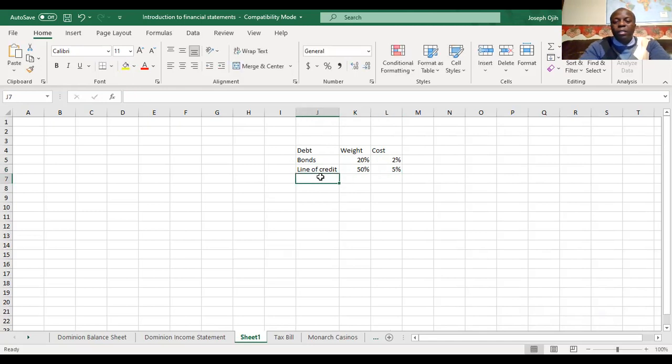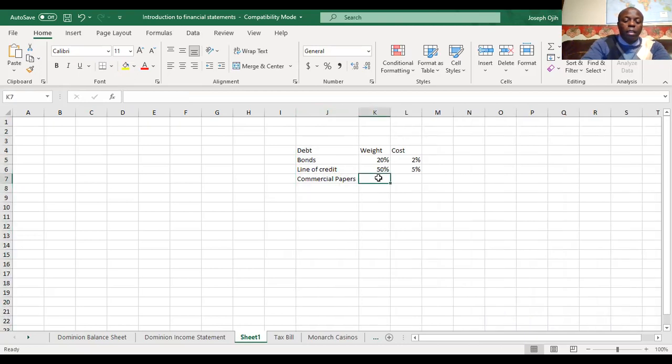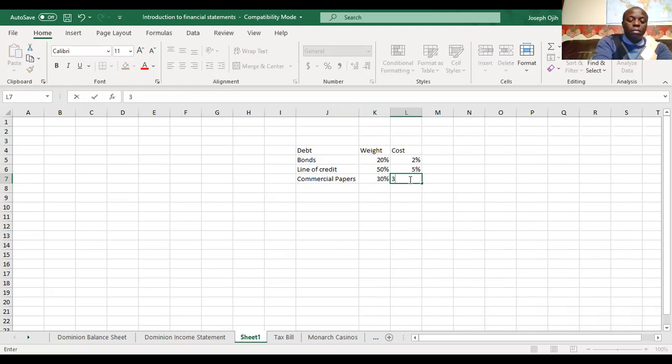Then the balance left, that is 30%, is commercial papers. Okay, we say commercial papers is 30%, and the interest they pay is 3%.